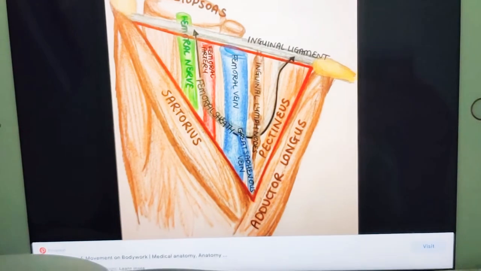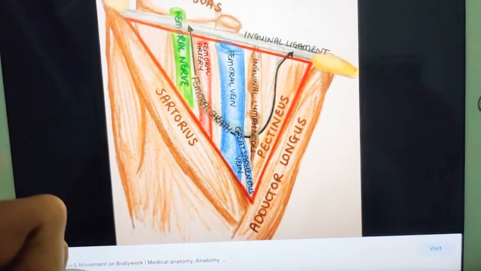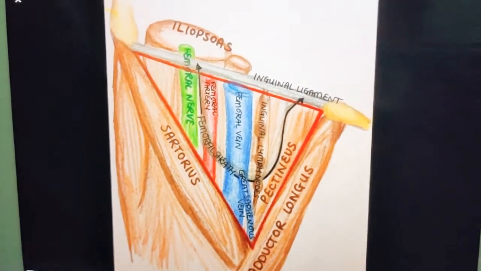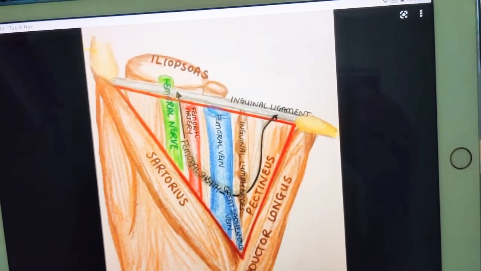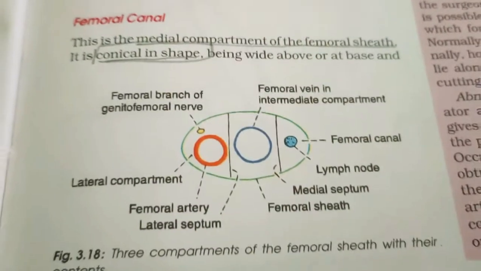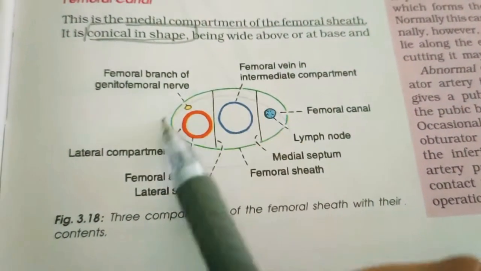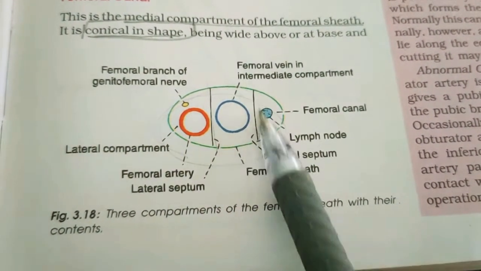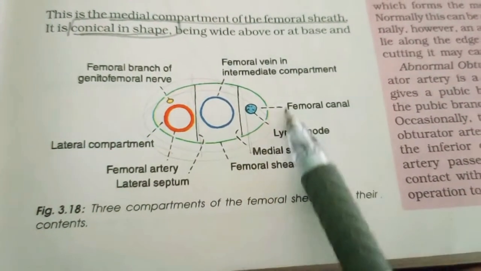The lateral or arterial compartment contains the femoral artery. For that we see another diagram over here. You can see our femoral sheath is divided by two septa, the lateral septum and the medial septum, into three compartments.